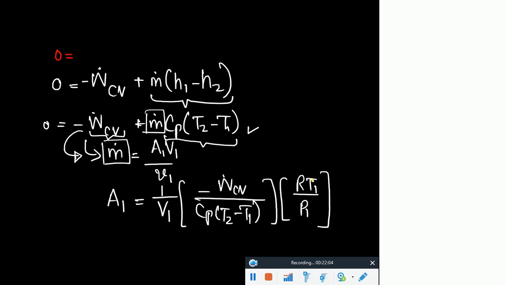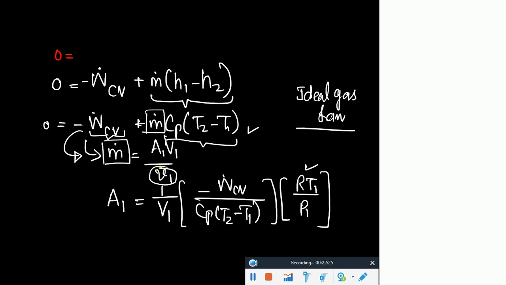times RT1 over P1. So why did I use this relationship? And it is used against what quantity? This one. Rho 1 V1 equals what?